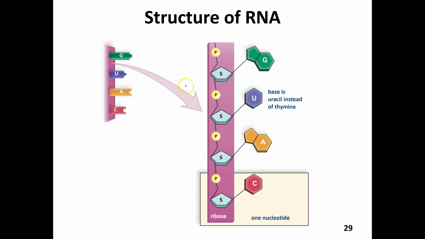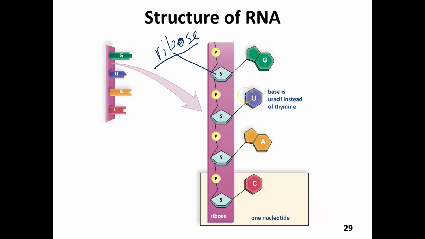So again, here is your RNA. It is a single strand of nucleic acid. This is ribose. So remember, in DNA we have deoxyribose, in RNA we have ribose. We have guanine, we have adenine, we have cytosine, but instead of thymine we have uracil.